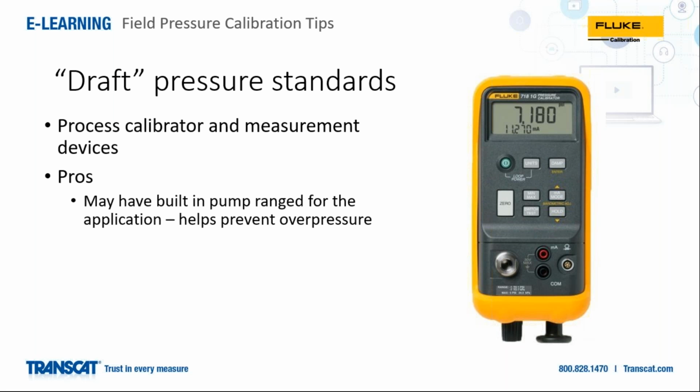Maybe you might want to consider something that's already ranged to that application, so you don't have to be as careful. You have some built-in guards, if you will, against overpressuring. Obviously, you also get better resolution, better control resolution, that is, with a pump that's ranged closer to the application.